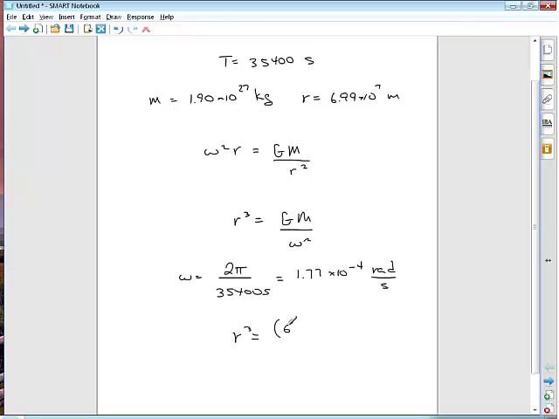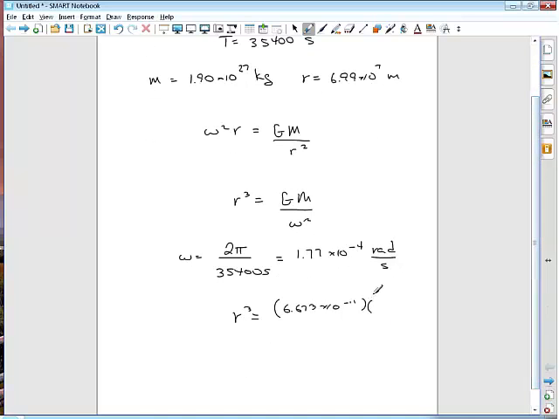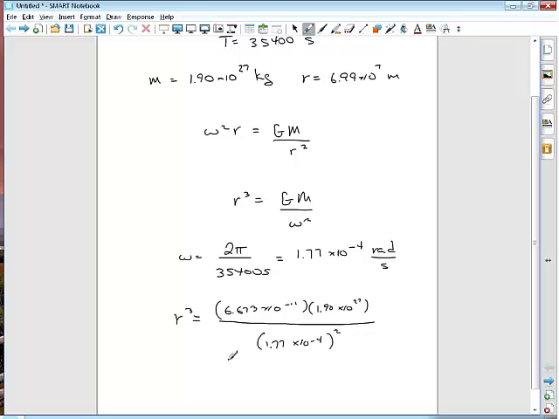G is 6.673 times 10 to the minus 11th. The mass is in kilograms, 1.90 times 10 to the 27th kilograms. I'm going to leave the units off for right now. As long as everything is in kilograms, meters, and seconds, we're in good shape. Then we divide by omega squared, which is 1.77 times 10 to the minus 4 radians per second, squared.